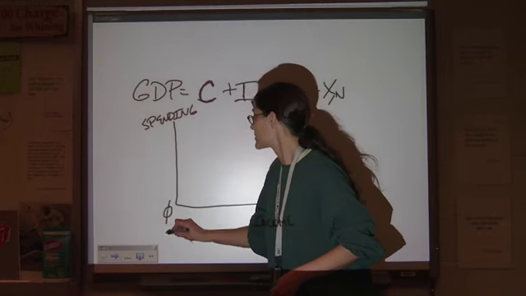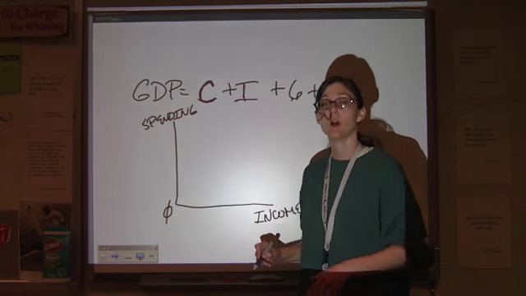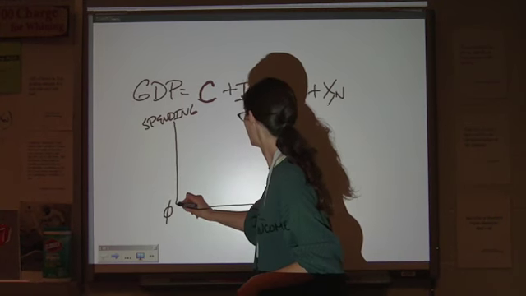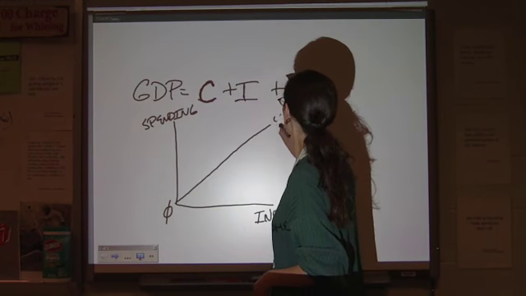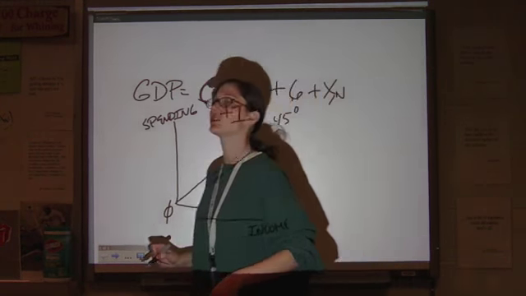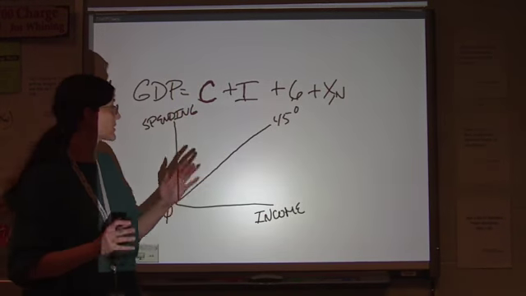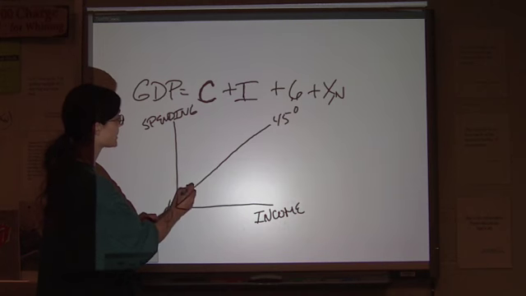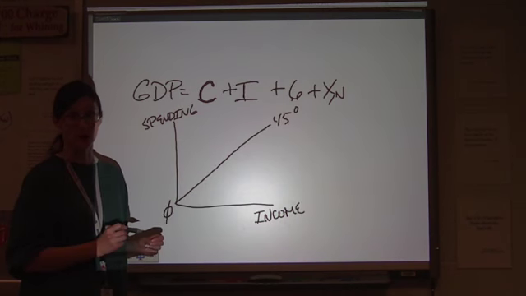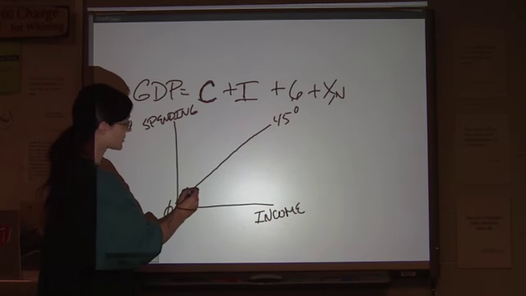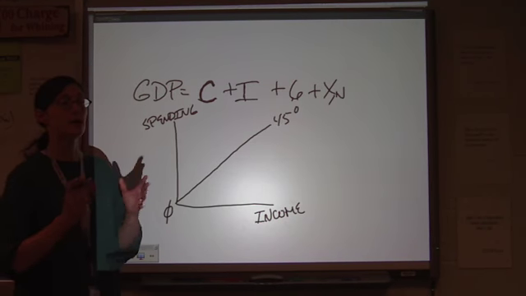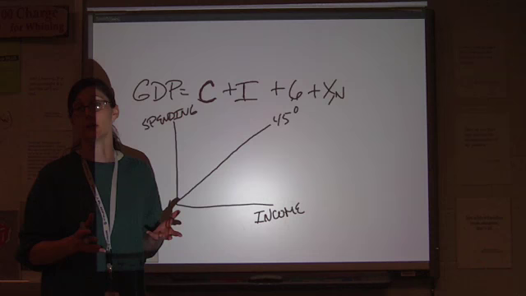Now, to start us off, we want a 45-degree reference line. A 45-degree line is special in that the slope is 1. That means for each dollar of income earned, you are spending that dollar. So essentially, every point along your 45-degree reference line is a break-even point, potentially.